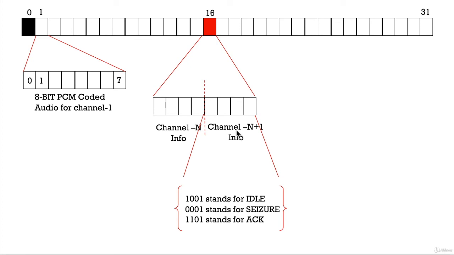So let's say the user has tried to make a call and the network tries to seize that particular channel, then it will send this 0001 command, and then 1101 for acknowledging. Likewise, there are other commands also, but I'm not going deep into that. But let us take this as a precursor to our common channel signaling. So this is channel associated signaling.